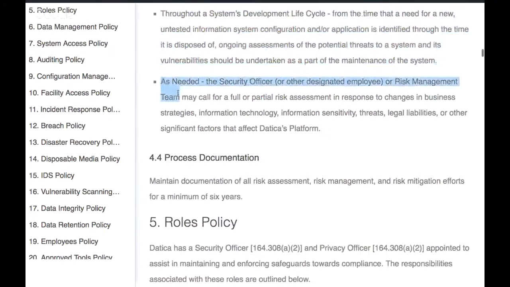As needed, the security officer or risk management team may call for a full or partial risk assessment in response to changes in business strategies, information technology, information sensitivity, threats, legal liabilities, or other significant factors that affect Datica's platform.